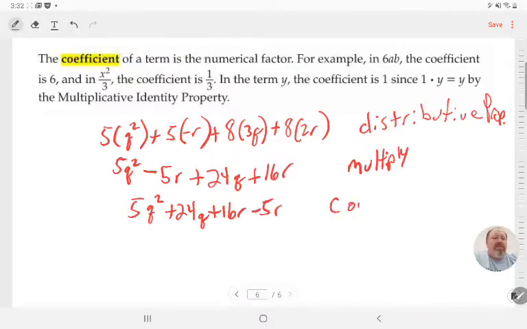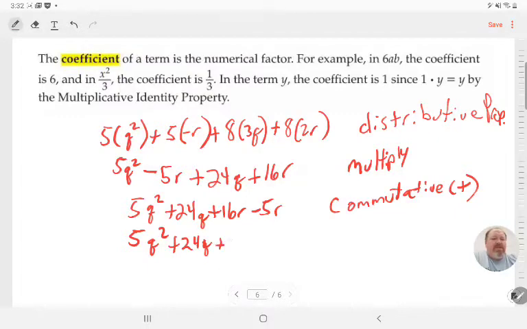And that's the commutative property of addition.